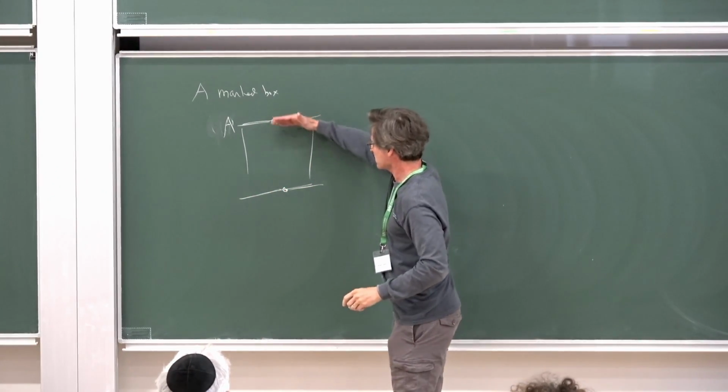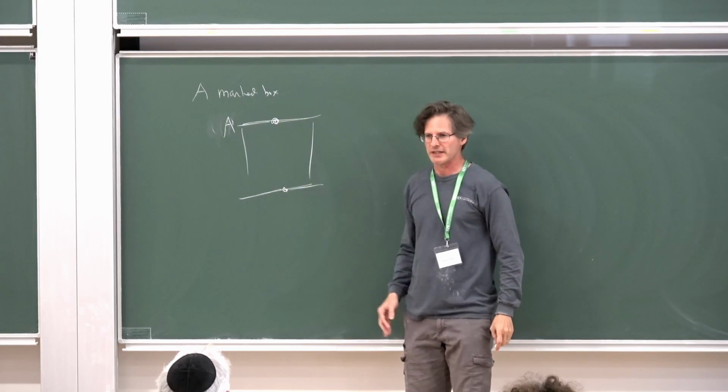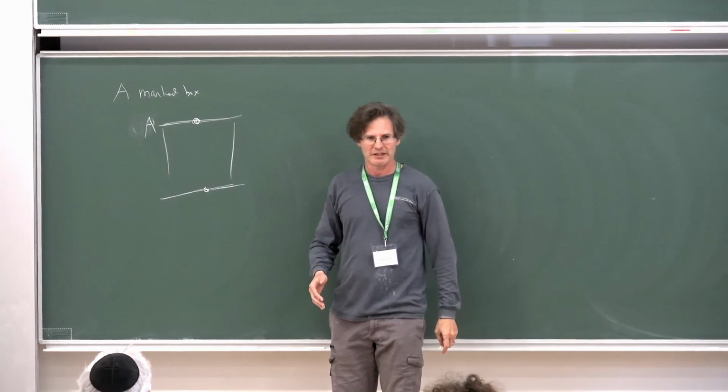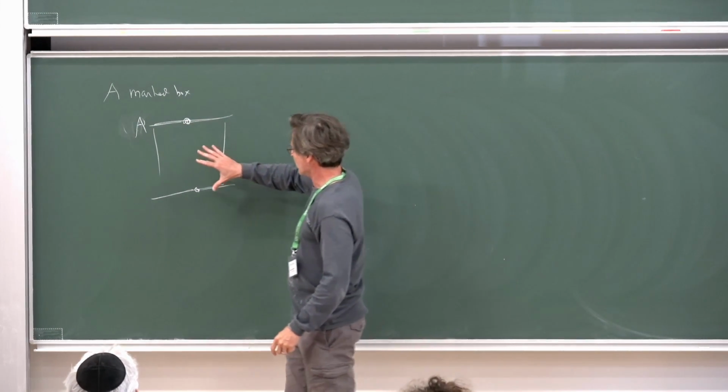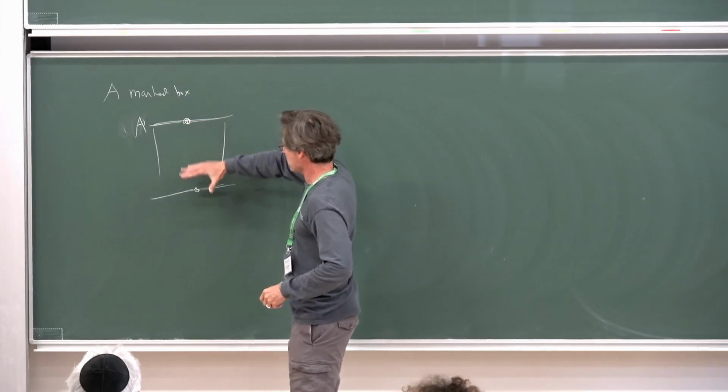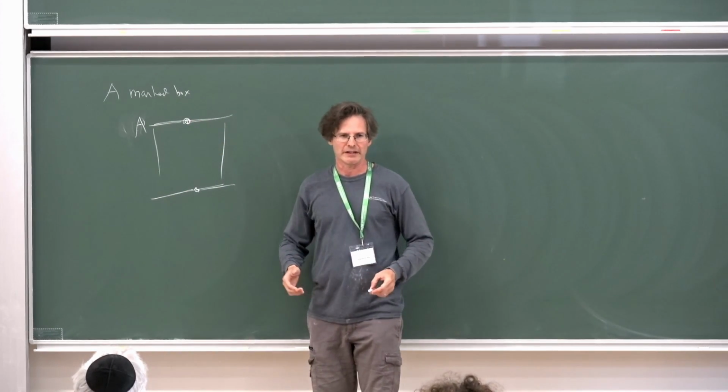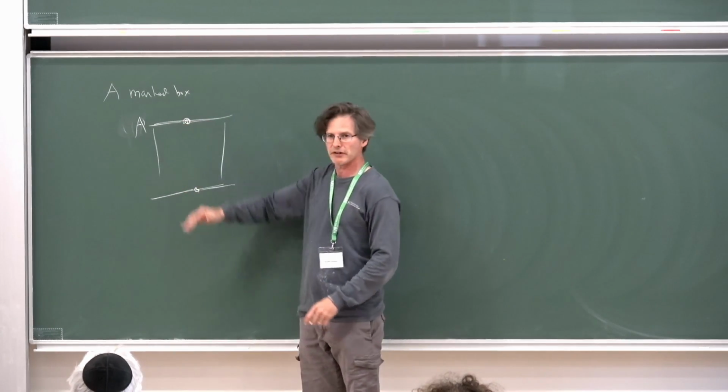So each marked box determines a pair of points in the ideal boundary in the flag space. And so each marked box determines a foliated flat because it has a pair of flags.